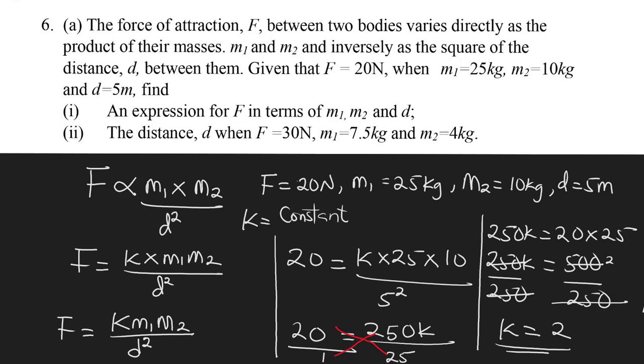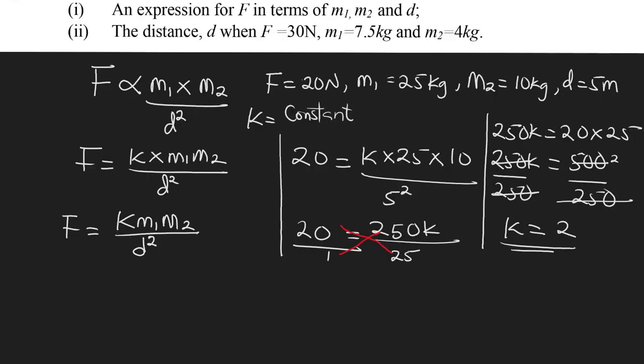The first question says that we should find the expression for force in terms of m1, m2, and d. So how are we going to find that expression? So we know that we have this one here, right? Very, very important. So what is our f? We know that f equals, now we've gotten k, right? And what is that k?